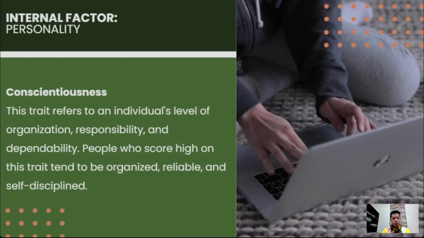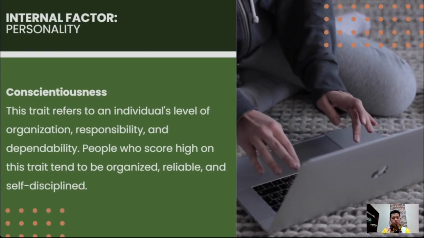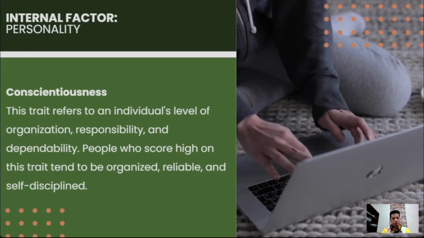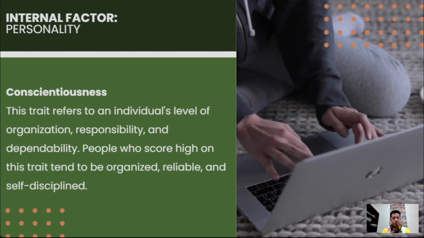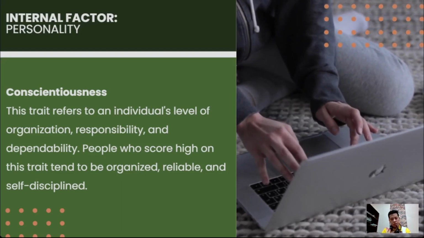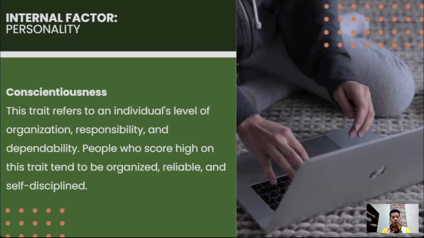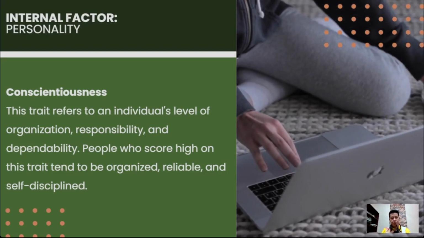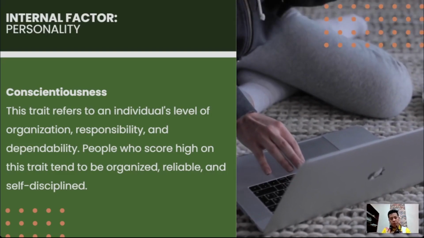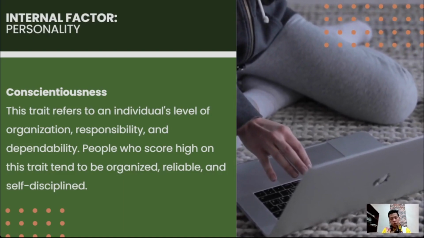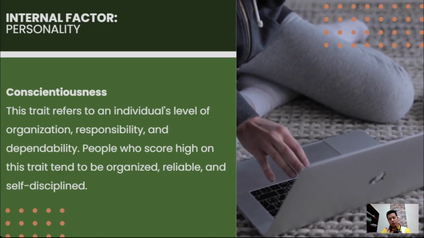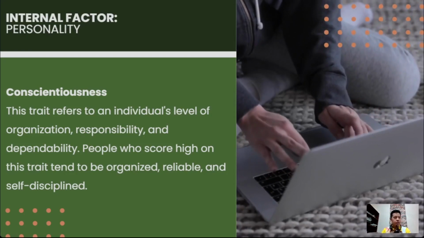It is also important to understand our consumers' personality in terms of their conscientiousness, the trait that refers to an individual's level of organization, responsibility, and dependability. People who score high in this trait will be organized, reliable, and disciplined.